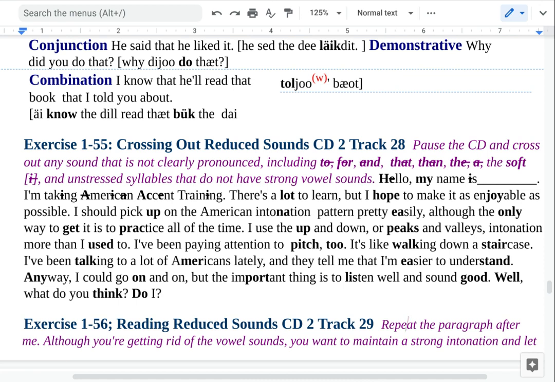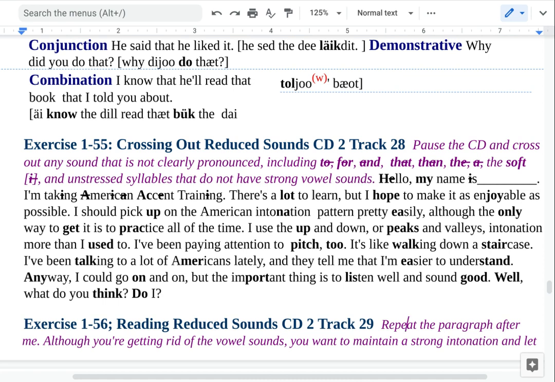Hello, my name is Anne. I'm taking American accent training. There's a lot to learn, but I hope to make it as enjoyable as possible. I should pick up on the American intonation pattern pretty easily, although the only way to get it is to practice all the time. I use the up and down or peaks and valleys intonation more than I used to.